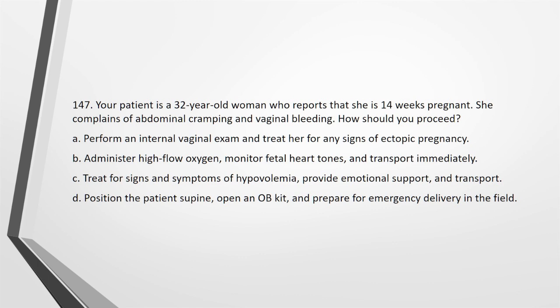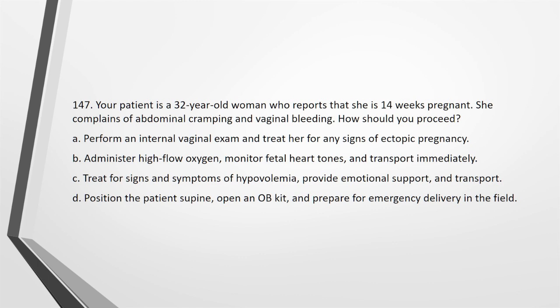147. Your patient is a 32-year-old woman who reports that she is 14 weeks pregnant. She complains of abdominal cramping and vaginal bleeding. How should you proceed? A. Perform an internal vaginal exam and treat her for any signs of ectopic pregnancy. B. Administer high-flow oxygen, monitor fetal heart tones, and transport immediately. C. Treat for signs and symptoms of hypovolemia, provide emotional support, and transport.